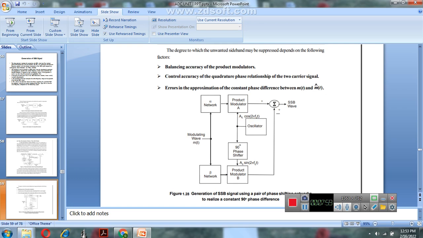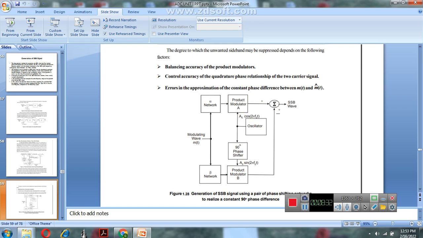Next, the control accuracy of the quadrature phase relationship of the two carrier signals. Third, errors in the approximation of the constant phase difference between m(t) and m cap(t). These factors determine how well the unwanted sideband signal is suppressed.